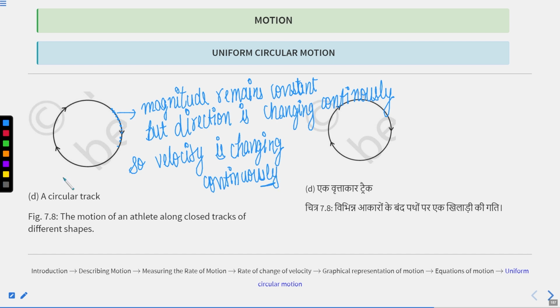Clear class? So any person or any bike moving on a circular track is an example where the magnitude or speed will not get changed, but because direction is continuously changing at every single point, its velocity is changing. Clear class?